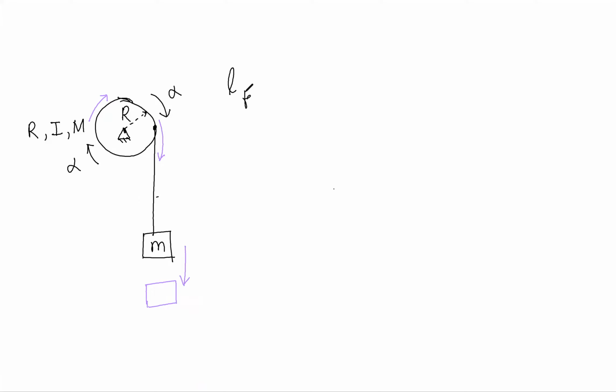The mass is falling down through a length L and the pulley is unwinding through the same length L. Both of these are exactly same. But what is L for a pulley? R theta. L is equal to R theta. So if you divide by time, you will get velocity. If you divide by time once again, you will get acceleration. So we can basically write that A is equal to R alpha.